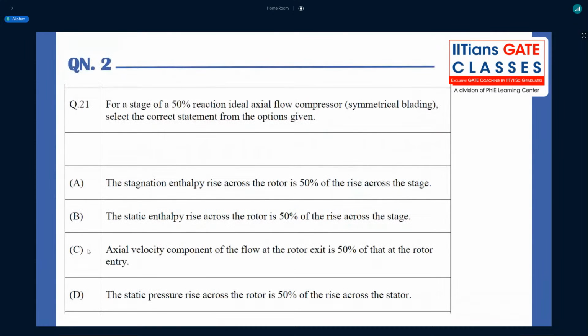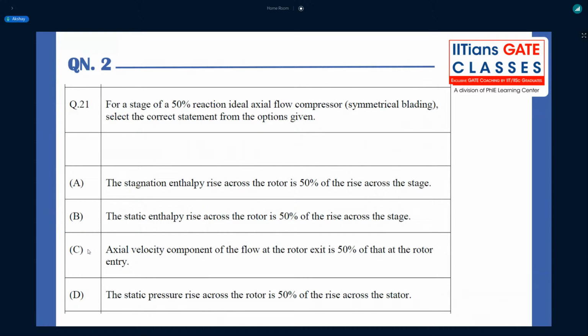That is question number 21 from the paper. For a stage of 50% reaction, ideal axial flow compressor, symmetrical blading, select the correct statement from the options given. Option A: stagnation enthalpy rise across the rotor is 50% of the rise across the stage.